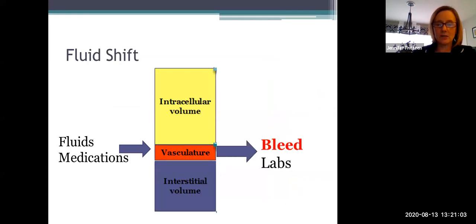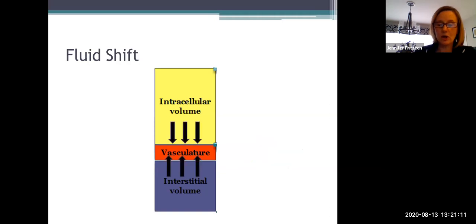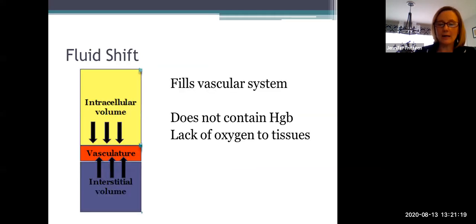So a lot of things happen in that vasculature. We're going to give fluids, we're going to give meds, but we're also going to bleed from there. We're going to get labs from there. So if that vasculature empties out, fluid from inside the cell and around the cell fill up that vascular space so it's never empty. Well, the problem with that is that it's plasma that goes from the cell and the interstitial volume, and it doesn't contain hemoglobin.